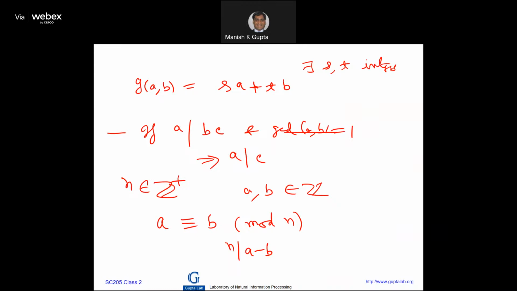Then we write this notation: a is congruent to b mod n. It means you take a divided by b and look at the remainder, whatever it is, right? Fine.